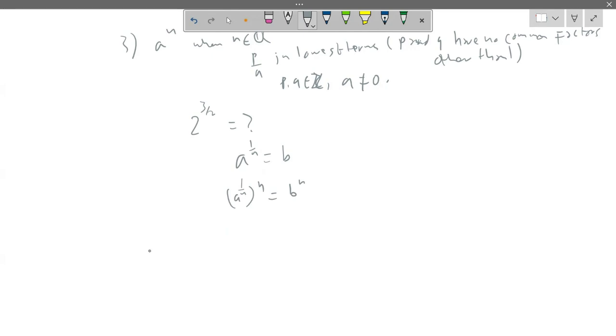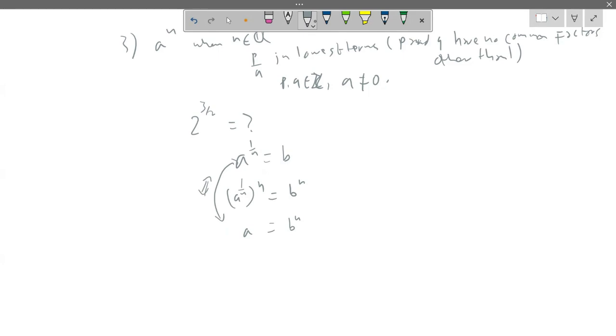Using the formula we established before, we multiply 1 over n with n to get a to the power of 1, which we just omit now. And then a is equal to b to the power of n. What does it actually mean? If you have the equation a to the power of 1 over n equals b, then it is equivalent to a equals b to the power of n.